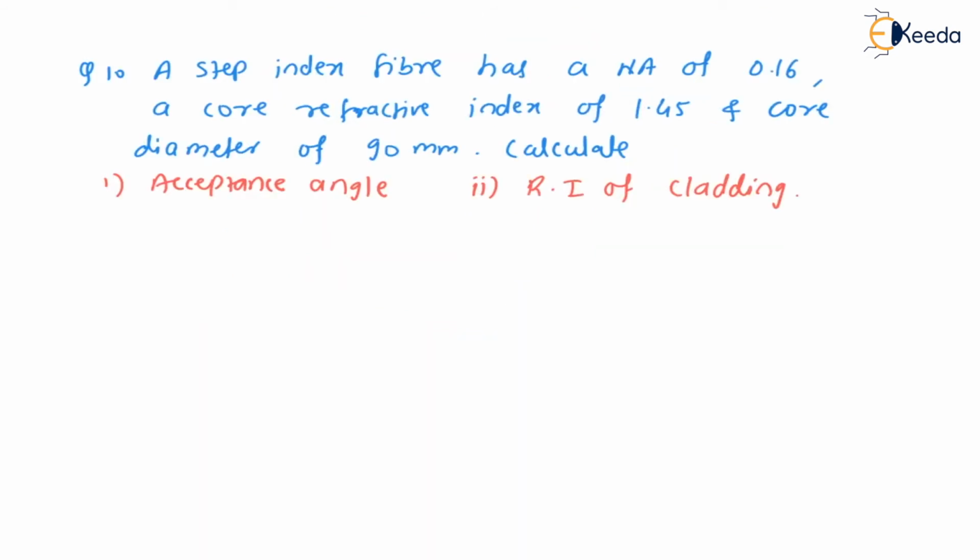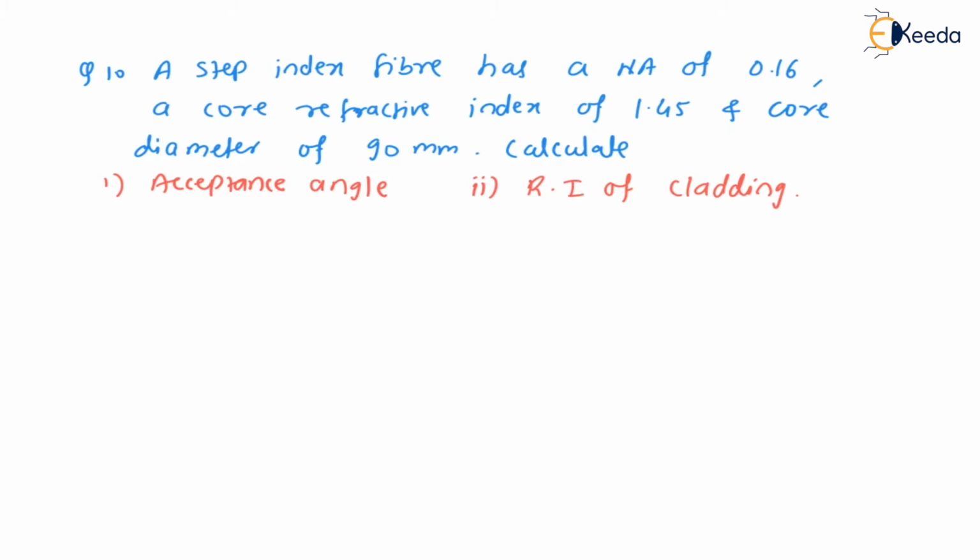So here the next one is question number 10. A step index fiber has a numerical aperture of 0.16, a core refractive index of 1.45, and core diameter of 90 mm. Calculate first the acceptance angle, and second the refractive index of cladding.